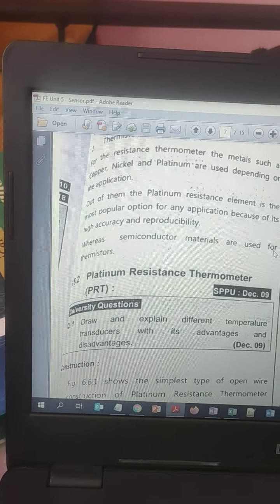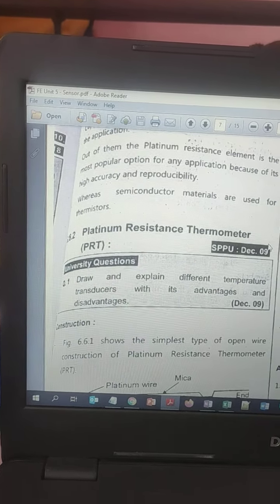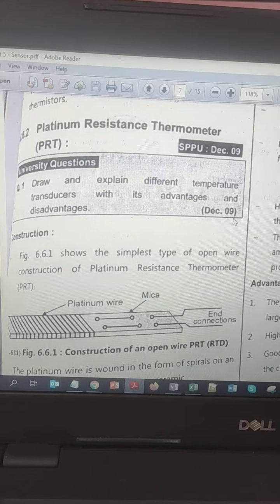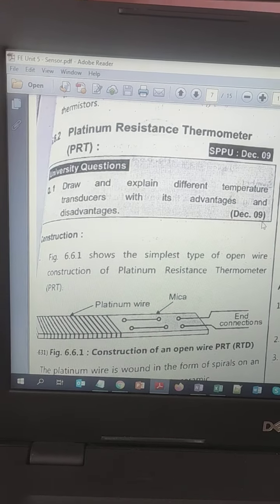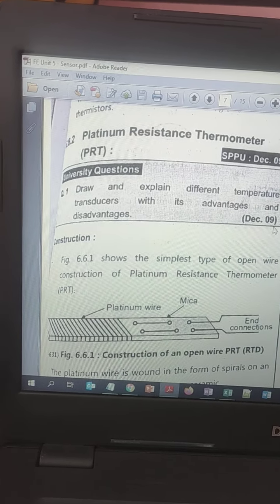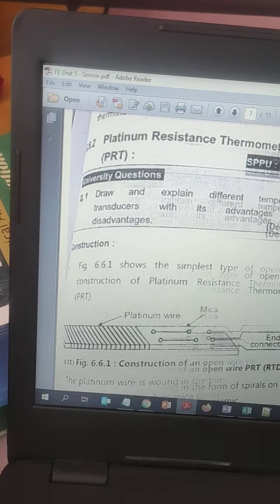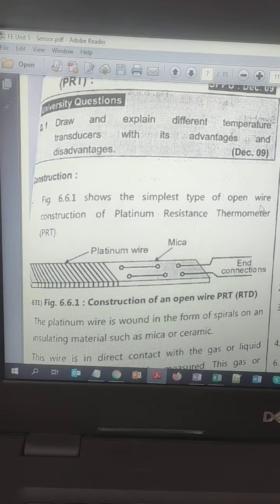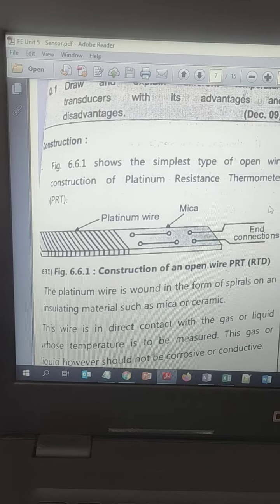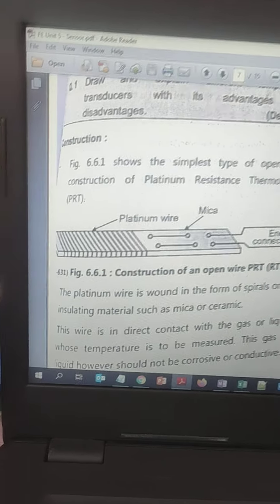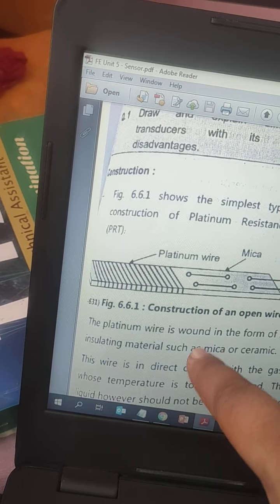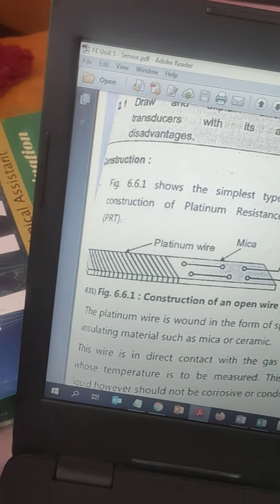So this is the construction of a PRT, that is a platinum resistance thermometer. It consists of a platinum wire wound in the form of a spiral on an insulating material such as mica or ceramic.